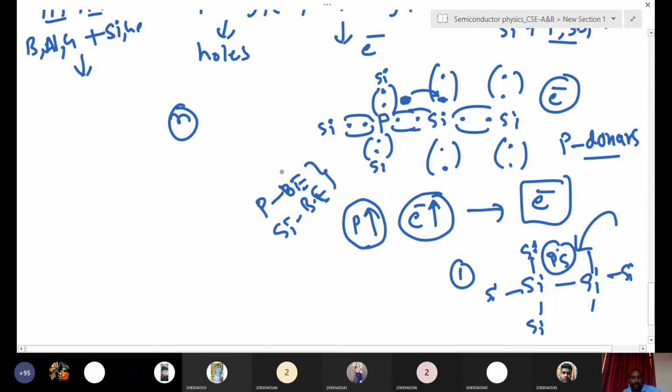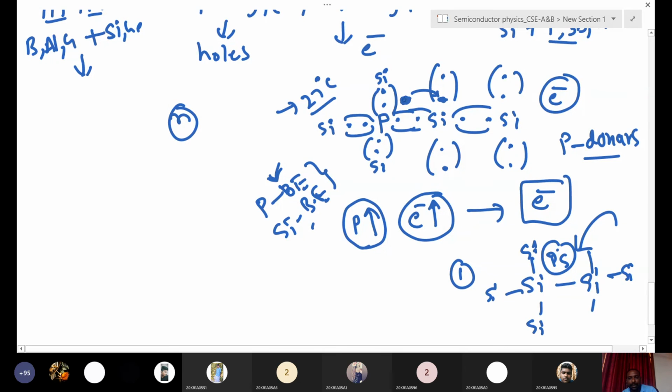Compared to silicon, the binding energy of phosphorus is less. So these electrons get some thermal energy and are easily freed. Suppose we give 27 degrees centigrade here; the phosphorus binding energy is low, so these electrons easily break the bond.